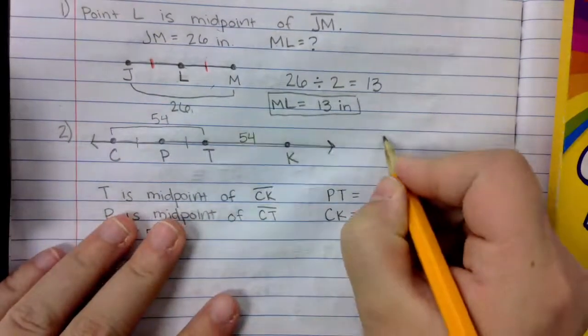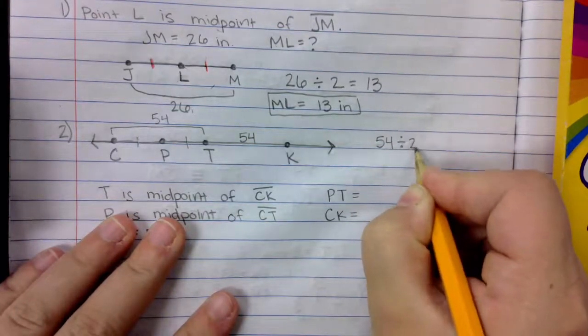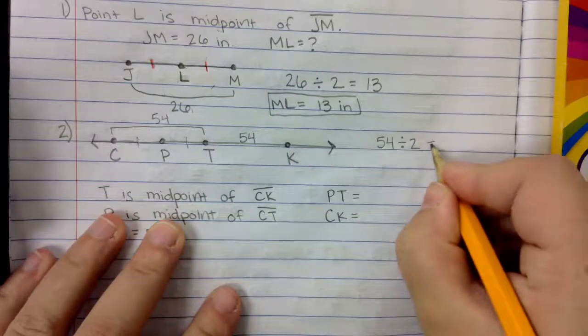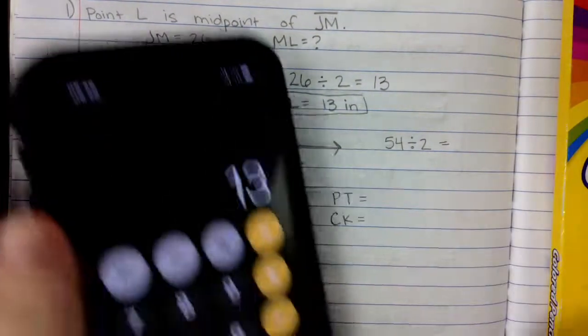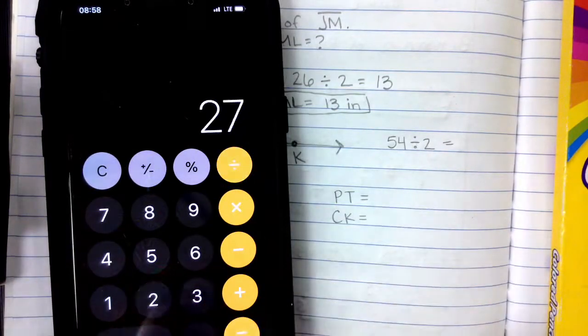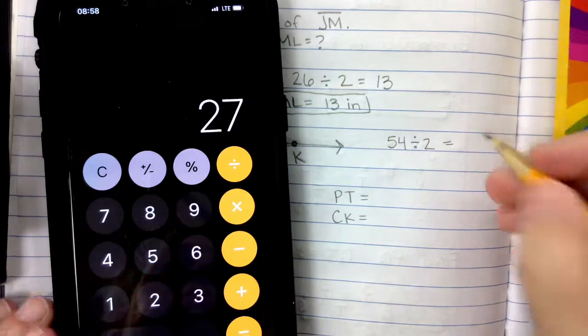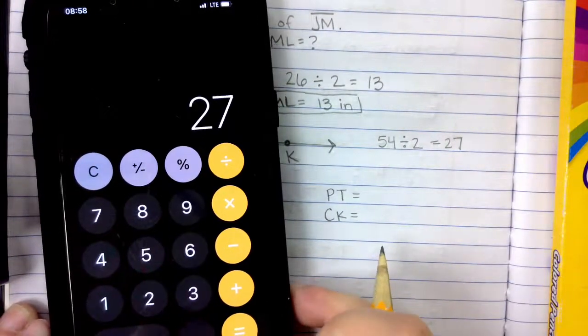Yeah, that works. 54 plus 54. How else could you have gotten 108? Yeah, 54 plus 27 plus 27. We know 27 and 27 should make that 108 meters.